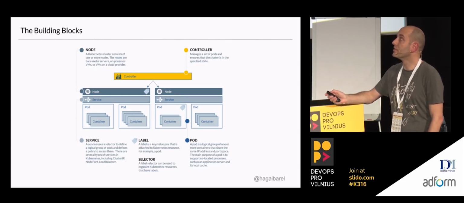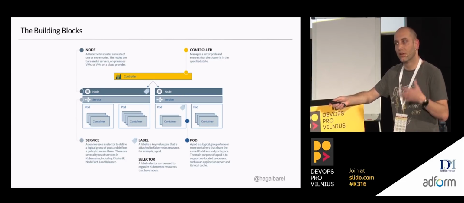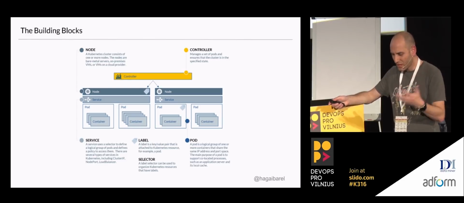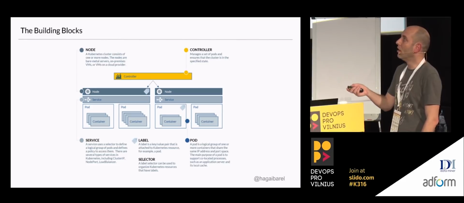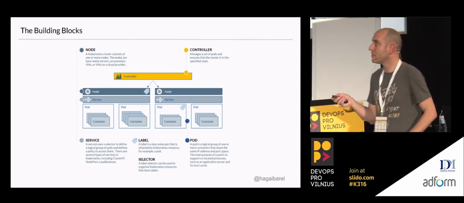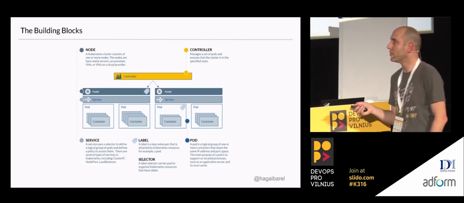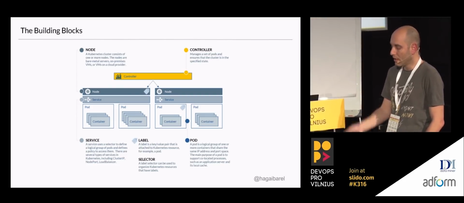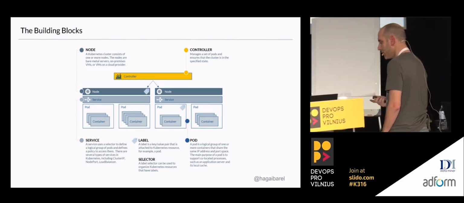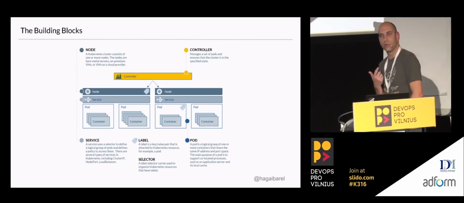We already mentioned controllers. That's the implementation of the control loop, of the reconciliation loop. Over here, we have a bunch of other components which aren't really relevant for our discussion. The one that is relevant to our discussion is a pod. Now, this is a very important distinction when we're speaking about Kubernetes.